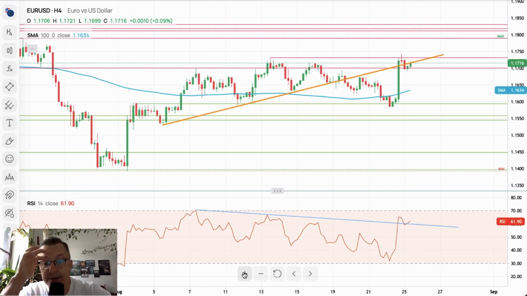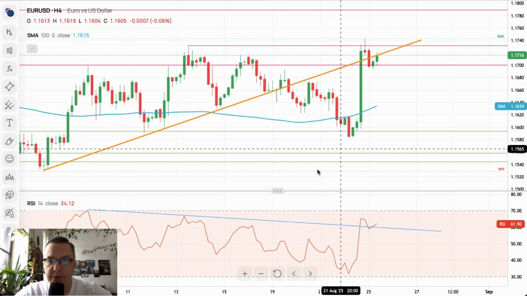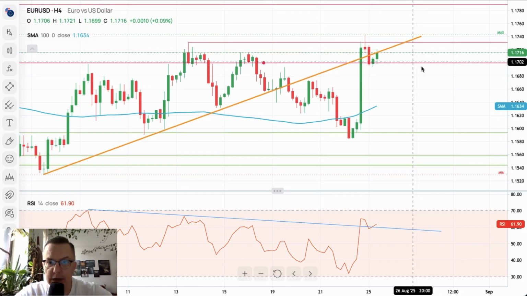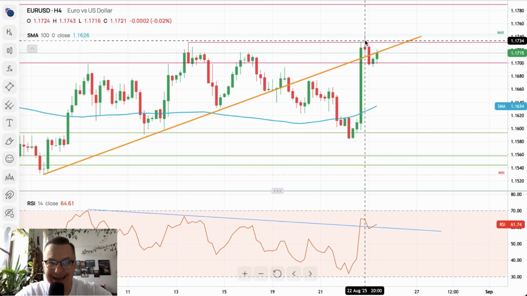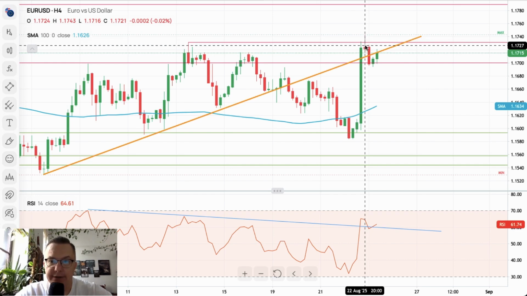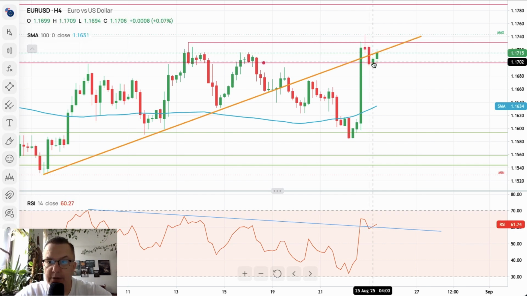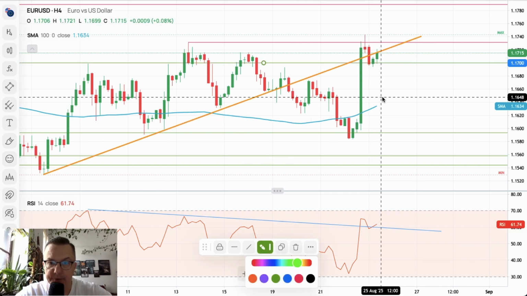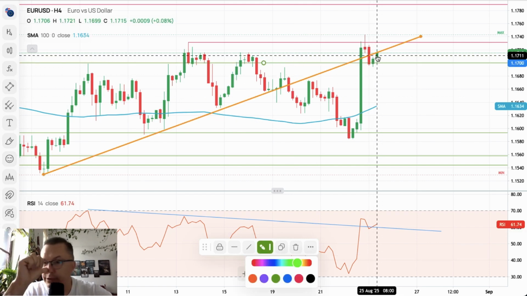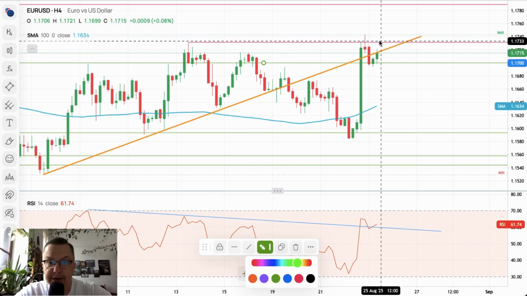This is the high from August 13th, 1.1731, marginal new high 1.1743, so like 10 pips higher. Nevertheless, if we zoom in, we can clearly see we got the shooting star on the 4-hour time frame chart as the last candlestick pattern, breakout lower towards 1.1702. Now this level will act as the technical support, and now the market is trying to break back above that trend line, back above the local technical resistance.